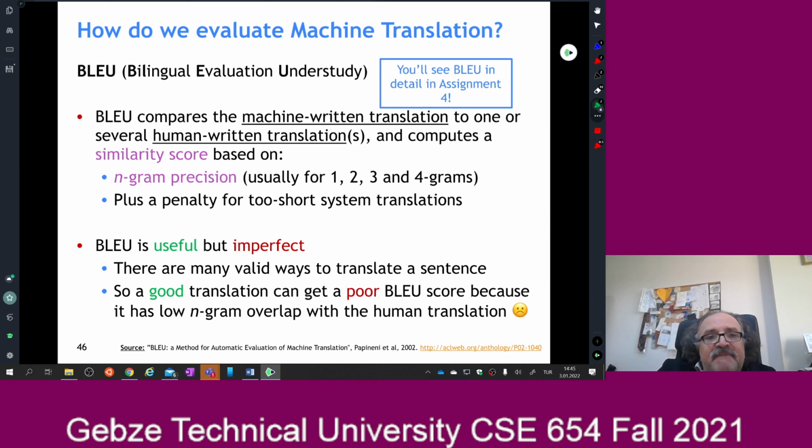BLEU compares a machine written translation to one or more human written translations and computes the similarity score. It's like the n-gram calculation.